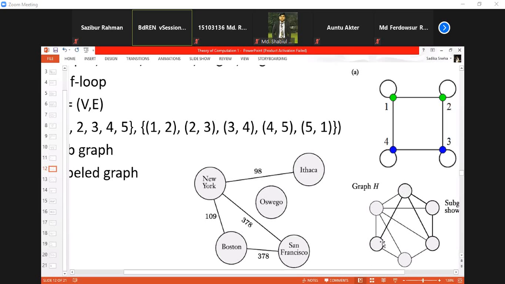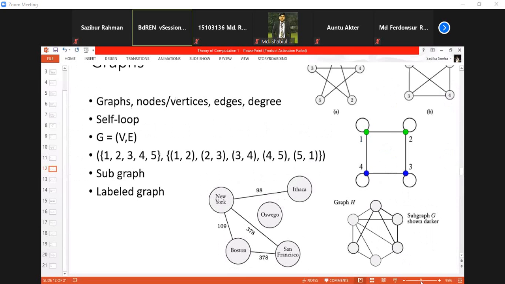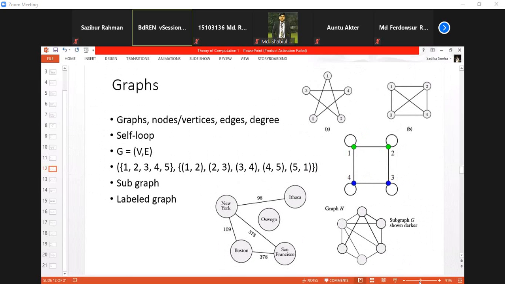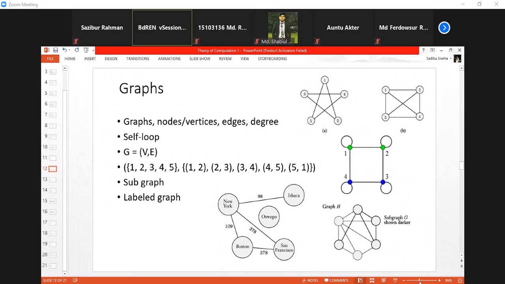From this node there is one node coming up, another node coming here, and this can be considered a subgraph. It follows the property of a subset, which is why I have brought the definition of subset here. So a subgraph is a graph where all the nodes and edges of that graph are present in another graph.